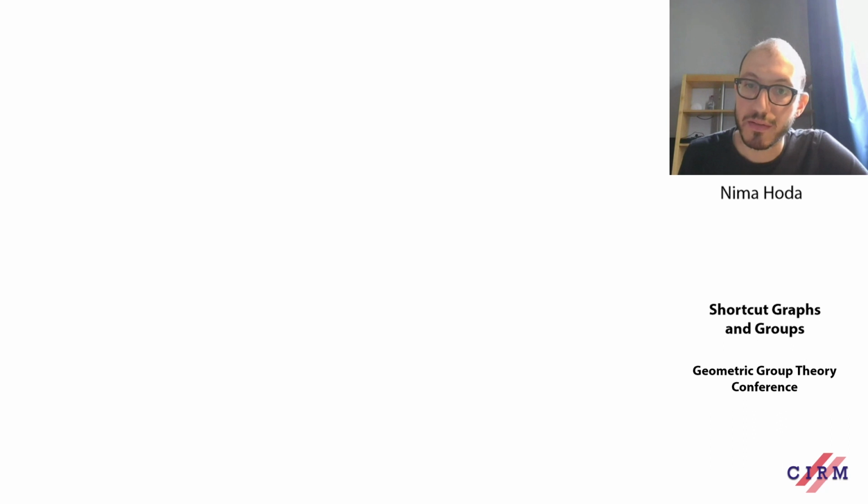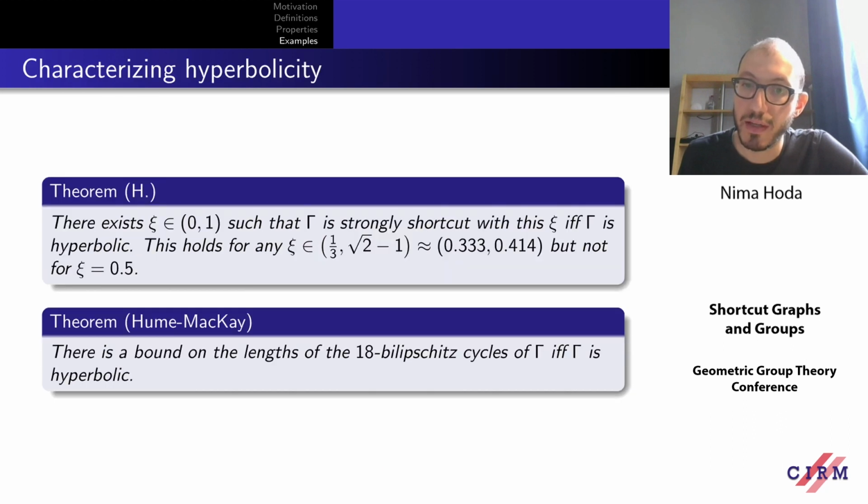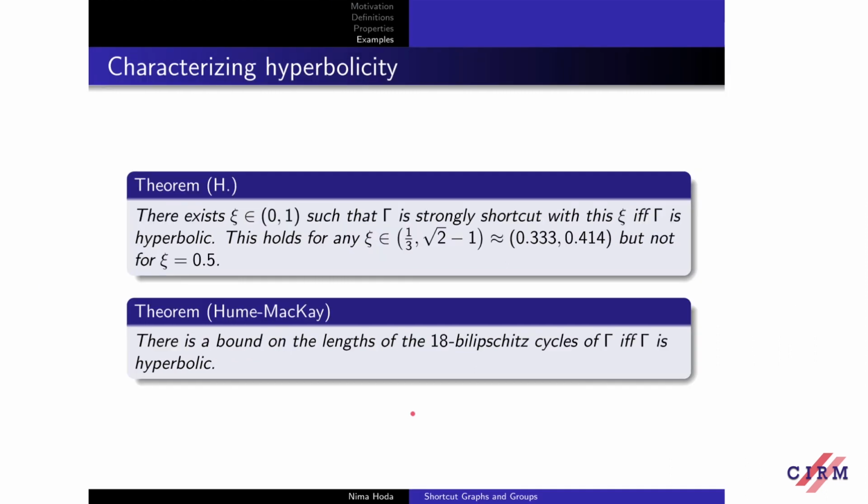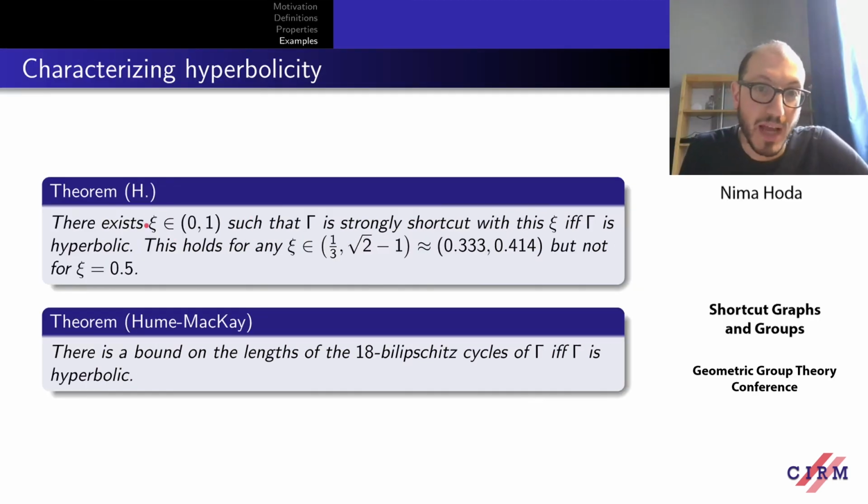Okay. And the last thing I wanted to tell you about is that it turns out there's actually a psi. So we've seen that strongly shortcut groups don't have to be hyperbolic. Of course, we see also all sorts of examples that are not hyperbolic.